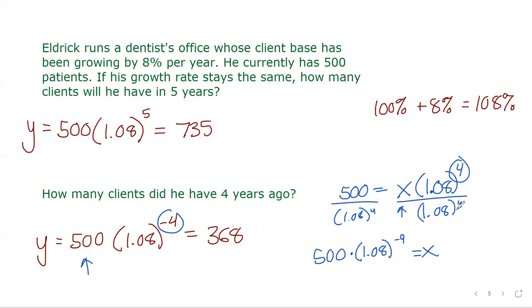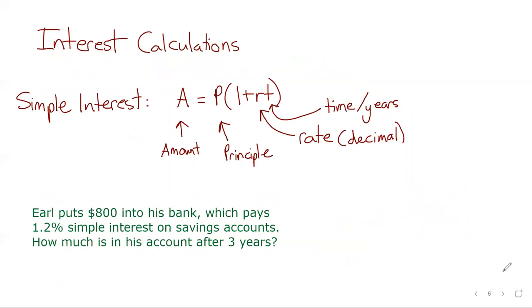So as long as you are kind of clear on how you're defining what your starting point is and then writing everything appropriately relative to that, you're in good shape. I just think that using this negative exponent to go back in time is kind of a neat little trick.